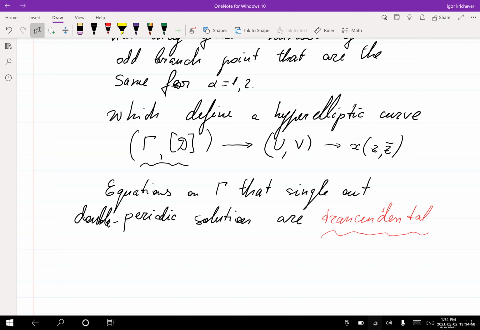So finitely many points defined by some transcendental equation, for each genus g. Since any solution to the O4 model corresponds to some hyperelliptic curve of finite genus, you can assign a number to any solution. And the degree of the divisor is fixed in terms of the genus of the curve.